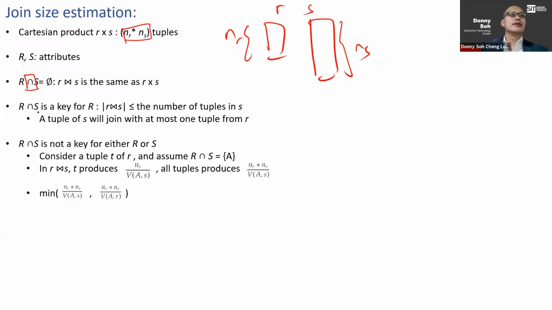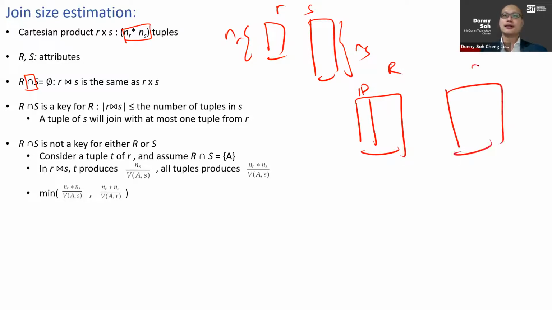Okay, so if the overlap of these two is a key, so it means that if R ID, sorry, S ID, and maybe I don't put ID here, I put like maybe CID here, but ID happens to be here somewhere. So this is a key, primary key, and ID is a key.